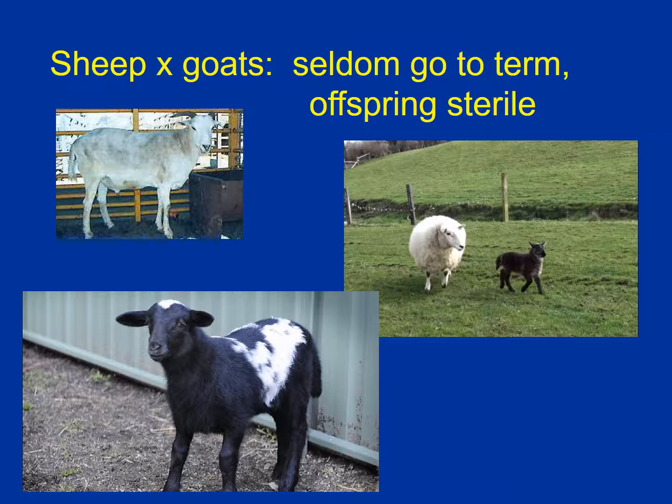So rams of the different species, you don't want to mix with females during the breeding season. Once in a while, you will get animals that will go to term, and you'll get a cross. The crosses are all sterile, kind of unique looking animals, but certainly not a viable species cross that you want to try to breed for.